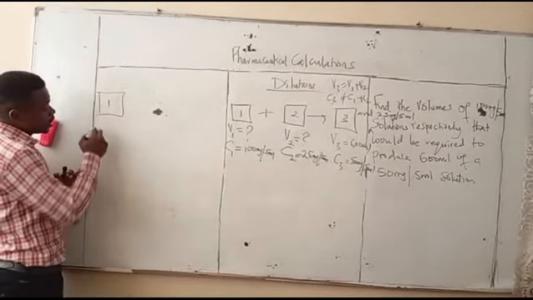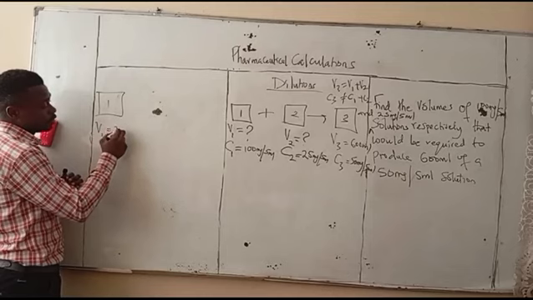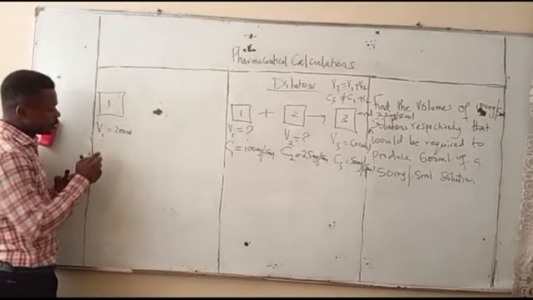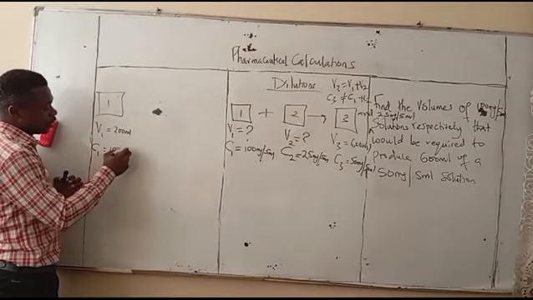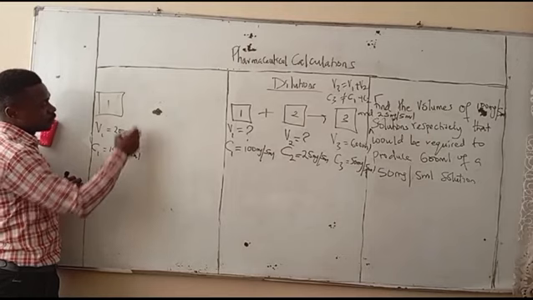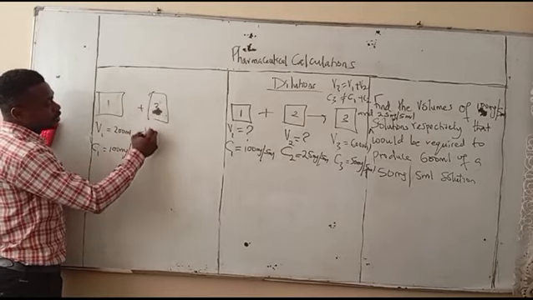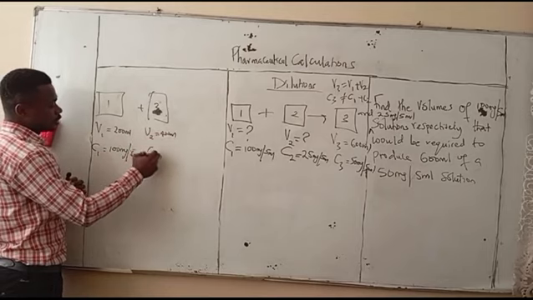Let's assume the volume of this solution is 200 ml. This is just an assumption. And the concentration is 100 milligram per 5 ml. Then the second solution, the volume is 400 ml. And the concentration is what?